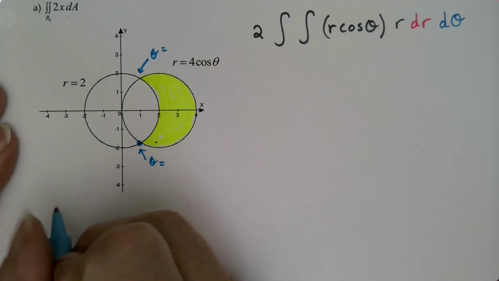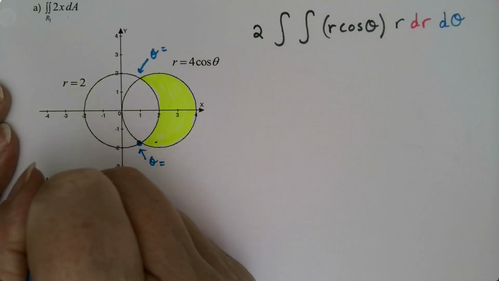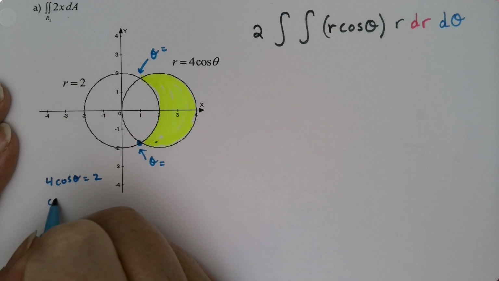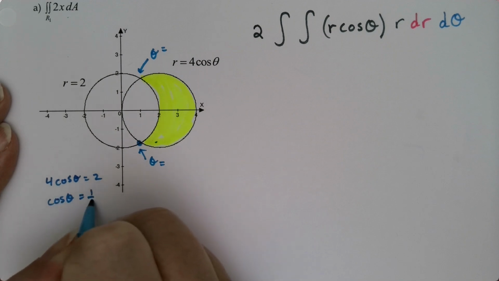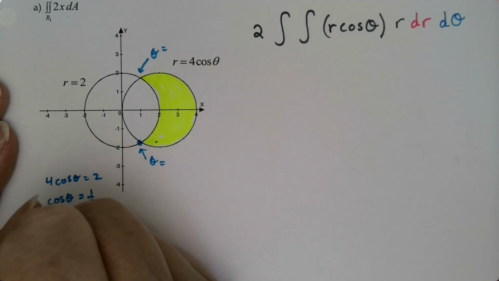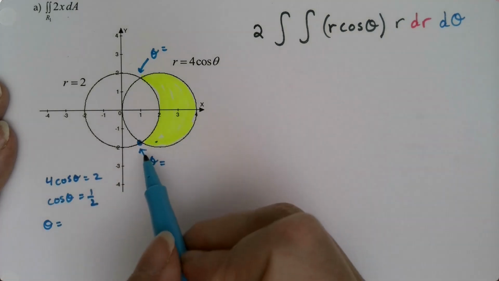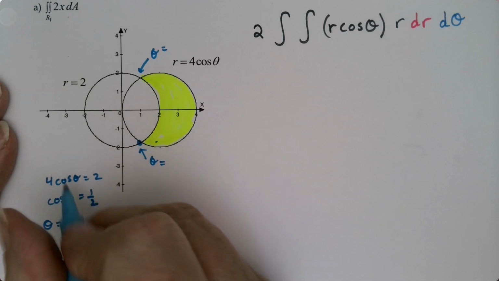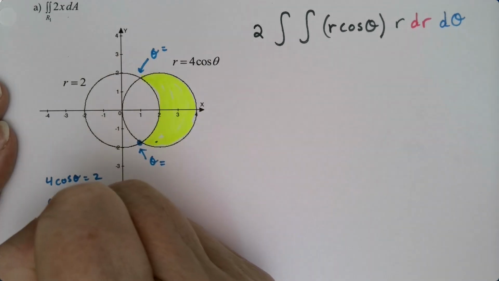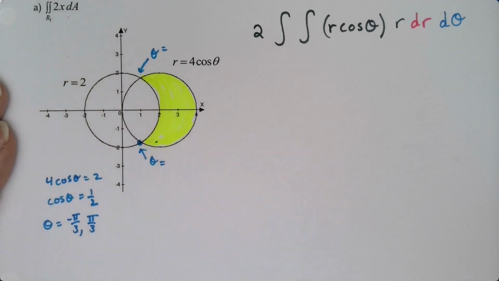All right, well, let's do that. So 4 cosine theta equals 2 means the cosine of theta is a half. And boy, am I glad I memorized my unit circle, because then I know that theta is one of 2 angles. It's pi over 3 in the first quadrant and negative pi over 3 in the fourth quadrant.